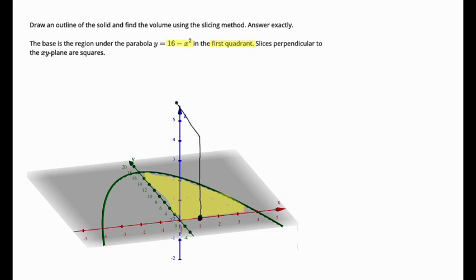Here is a square that's popping out, and not too bad. So this square right here is one of the slices of our solid that we're trying to find. As we move from 0 to 4 along the x-axis, those slices are going to change size or area.